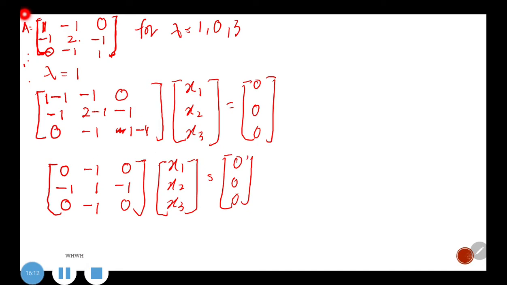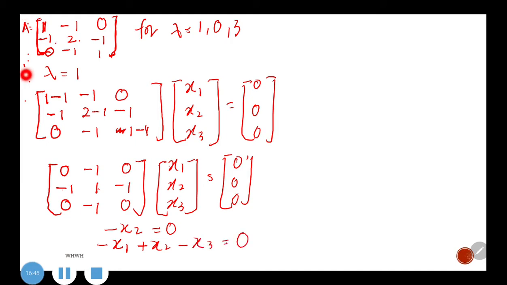So if you multiply the matrix, okay, basically you will get 0. Okay, 0 darab dengan x1, 0 lah. And then minus x2 equals to 0. That is the first line. And the second line, you will get negative x1, okay, plus with x2 minus with x3 equals to 0.